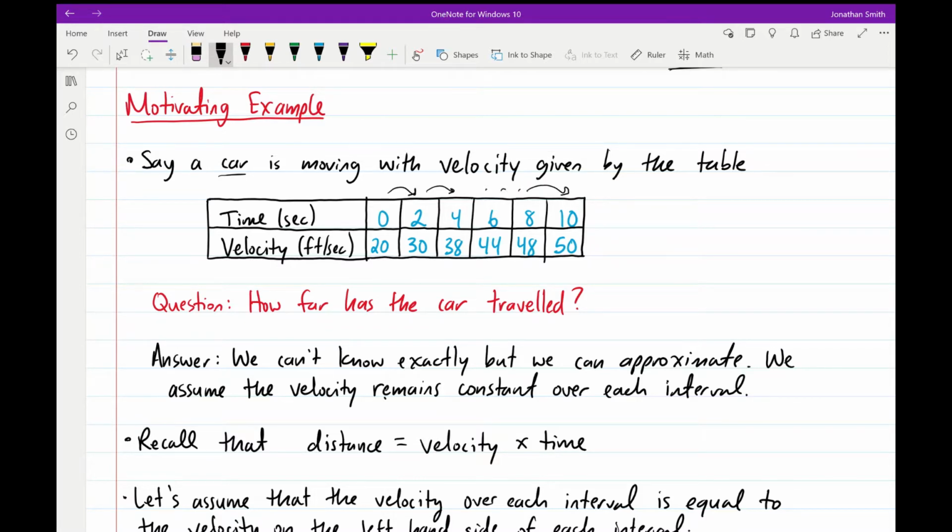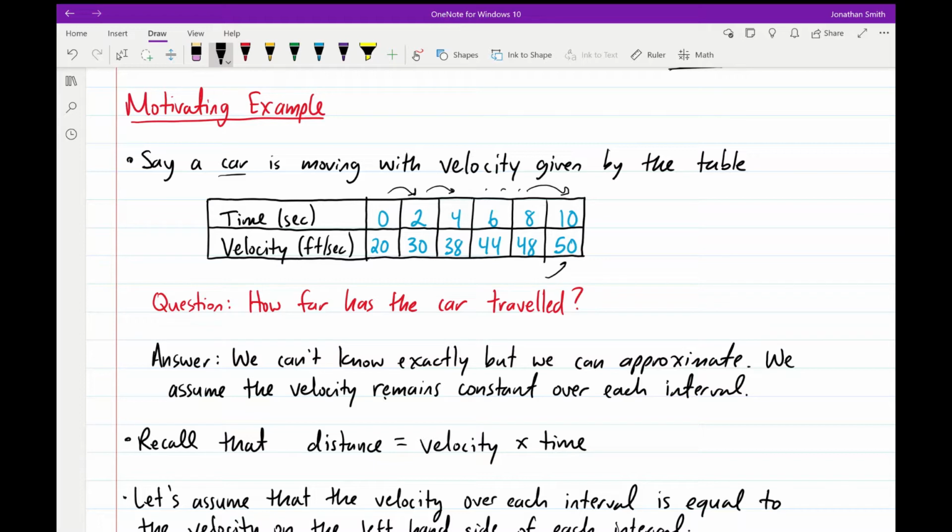In the bottom half of the table, we have the corresponding velocity of this car. We're starting at 20 feet per second at time equals 0, and the car is accelerating all the way up to a velocity of 50 feet per second by the time we get to time equals 10 seconds.